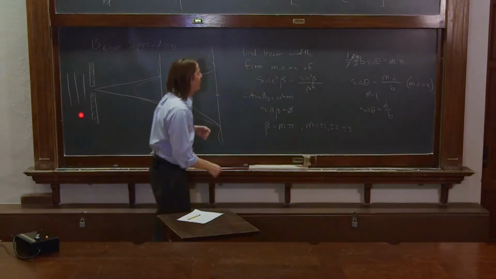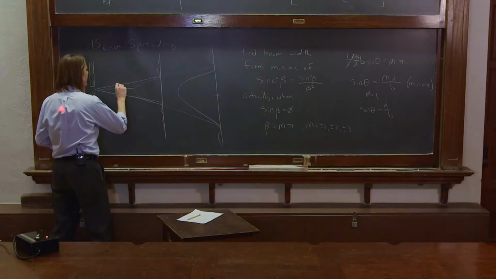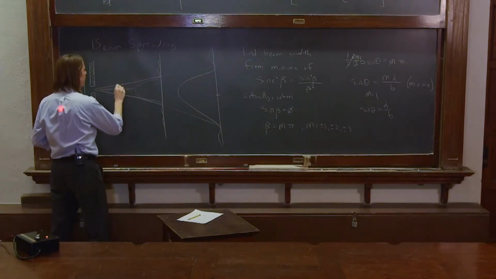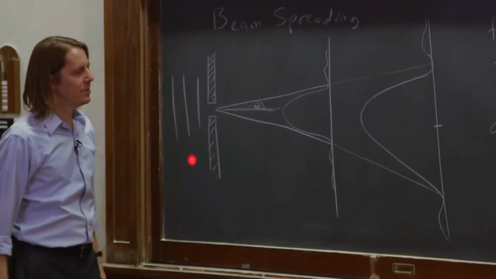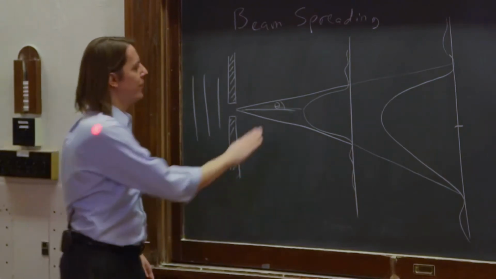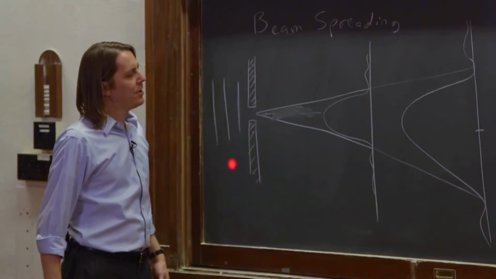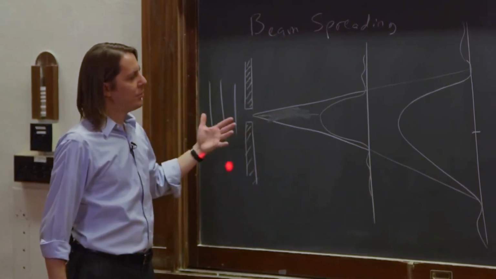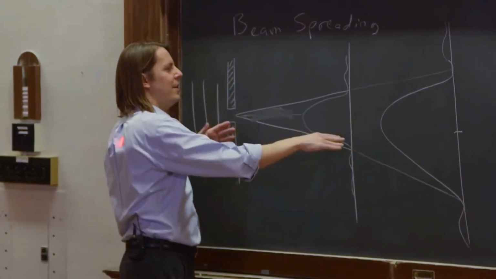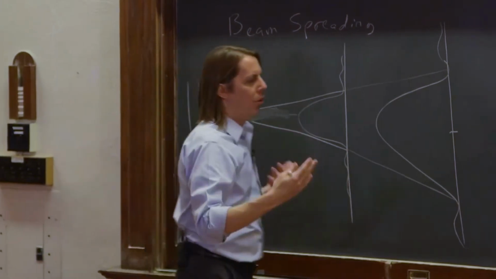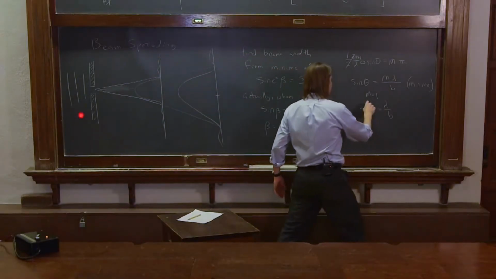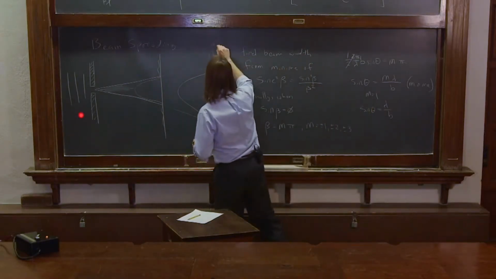And if you really want to think about beam spreading, the theta we're talking about now is our diffraction theta, it's the angle down. But if you want to think about the spread of the beam, you can say, well, for small angles, sine theta is the height over R, where y is the height along the screen.